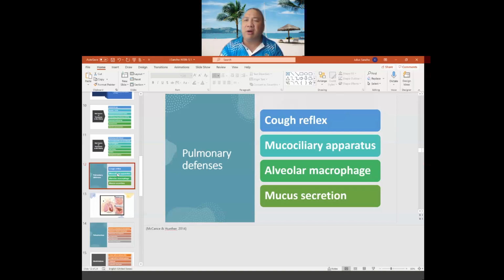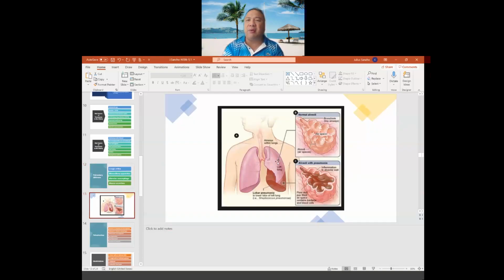The alveolar macrophage. As I've told you, this macrophage resides inside the alveoli. If there is a presence of microorganisms like bacteria and virus, then this macrophage will fight and engulf that bacteria or that virus.